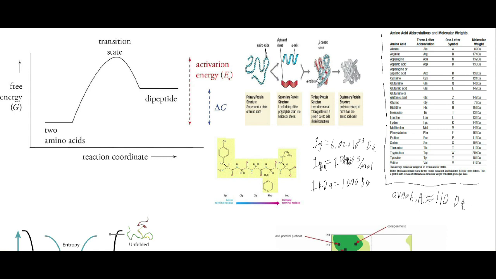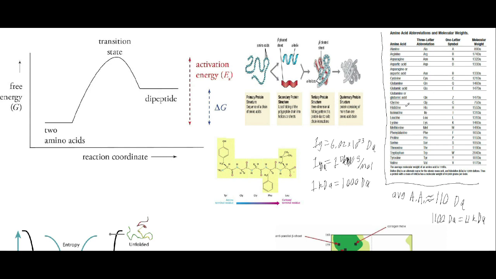So if you have, say, a protein that contains 100 amino acids, then you know that it's going to be approximately 11,000 Daltons, which is about 11 kilodaltons, or actually it would be 11 kilodaltons, wouldn't it? Yes, because if we divide this by 1,000, which is our dimensional analysis, then we end up with 11 kilodaltons. And so that's how we talk about the size of proteins.